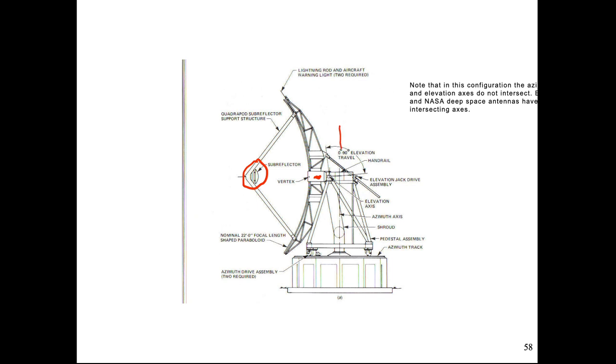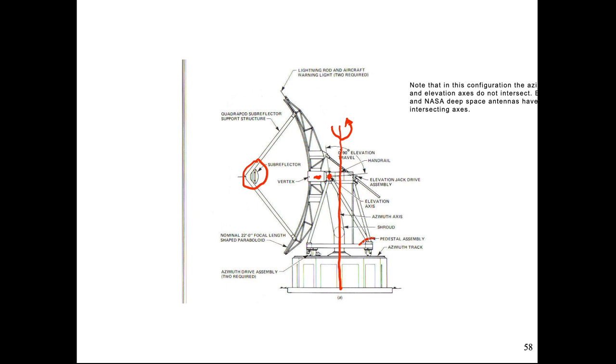This is the azimuth axis, so the antenna can rotate to point the spacecraft around this axis. And this one, which comes out of the plane of the computer, is the elevation axis. So there are servo mechanisms and motors.